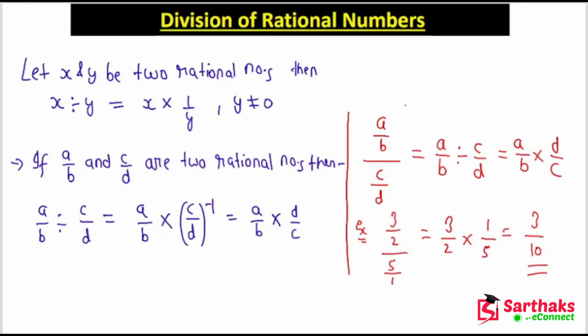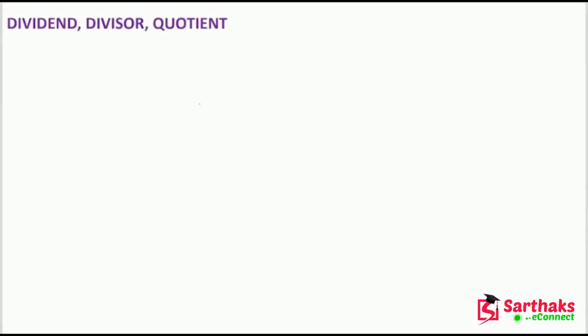Now let us move on to the definition of dividend, divisor and quotient. You must have heard these terms. Now let me define formally what is known to be dividend. So what is dividend?